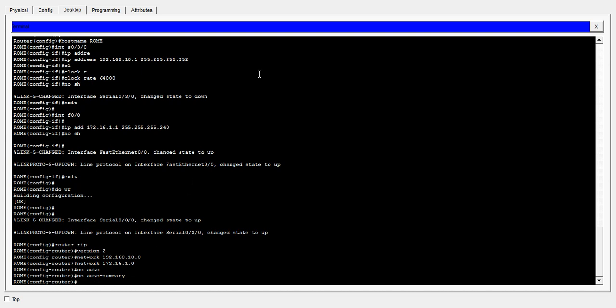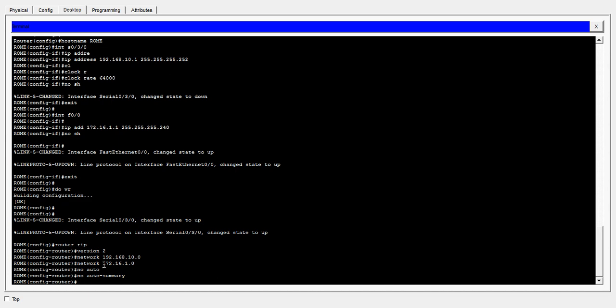Why? I'll just brief you. Classful routing protocols summarize networks about their classful boundary, meaning they automatically summarize.